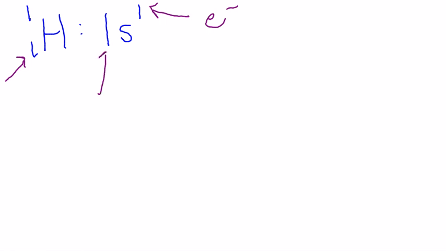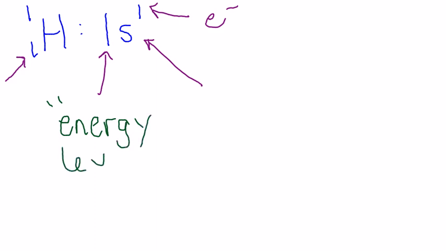This big number and this letter S. And in the previous example, we saw that there was an S, there was a P, there's also 2 others that we'll cover. Well, this big number 1 is something called an energy level. The lower the number, the lower the energy.